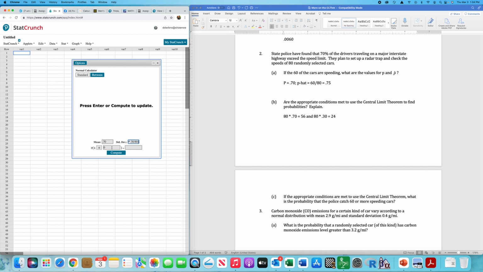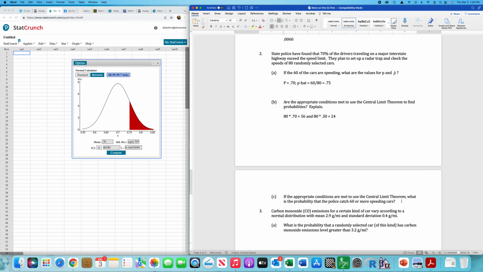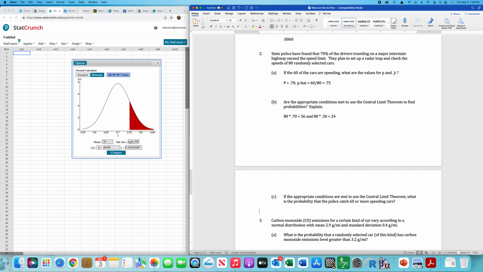And we need to know if they catch more than 60 out of 80, or you could put 0.75 there. So the answer here would be 0.1646.